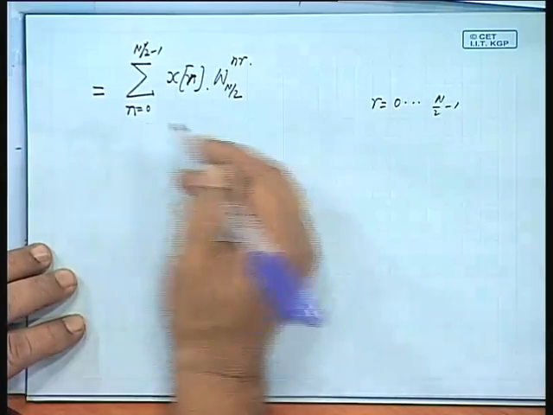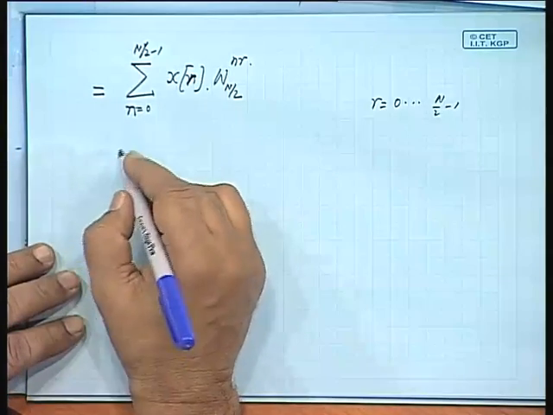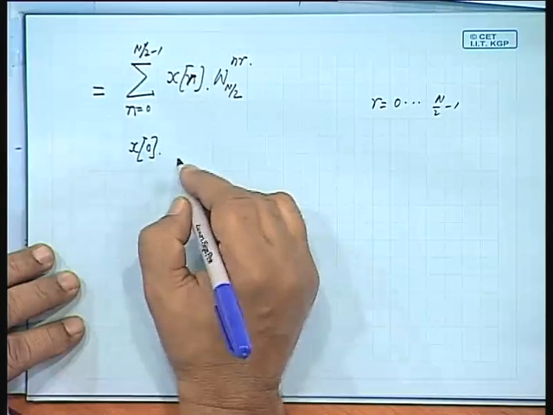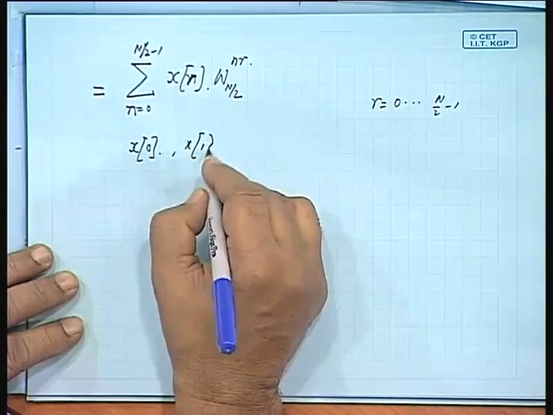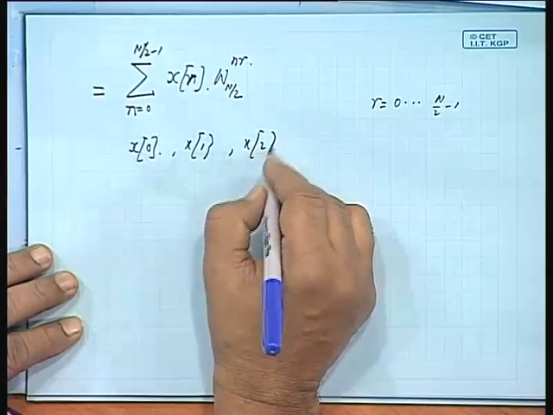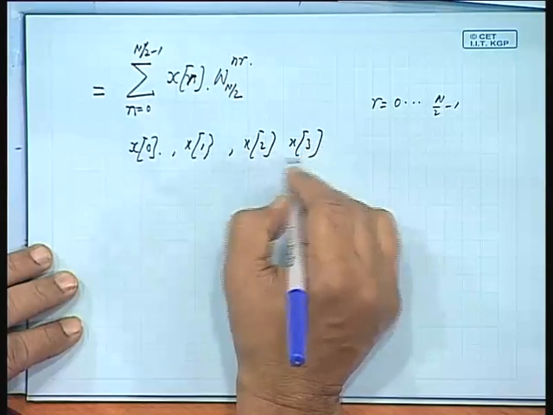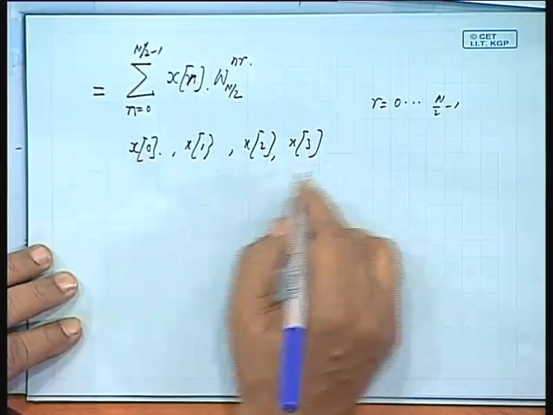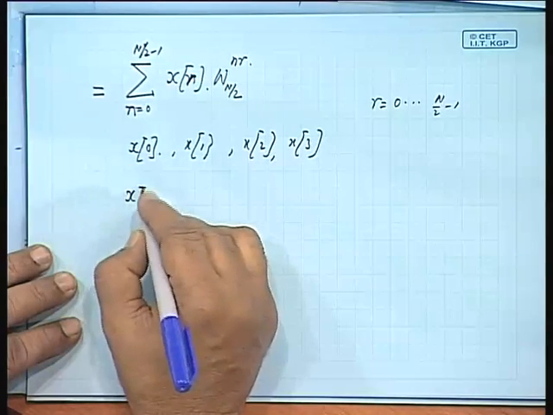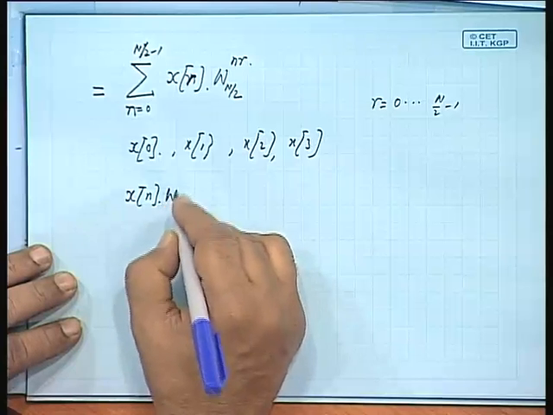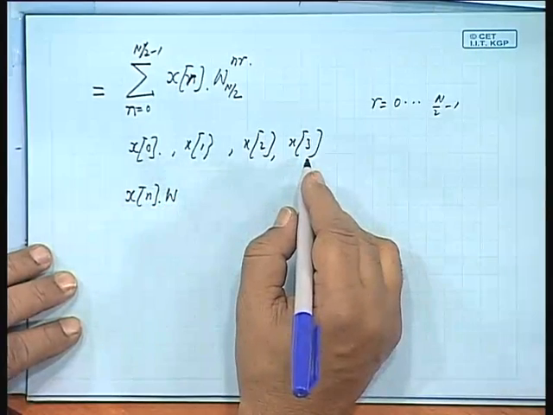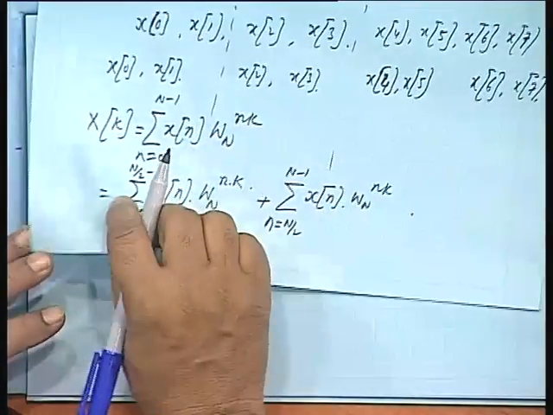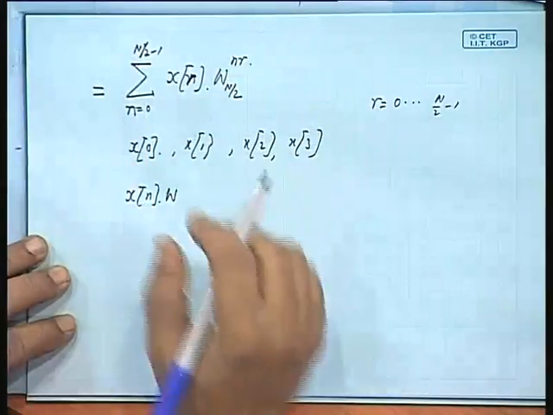Let me take a sequence, it will be easier. What I mean is x 0, x 1, x 2 and x 3 we take together. So, this will be a 4-point sequence, and this will be a 4-point sequence. So, it will be x n into W. How do you compute a 4-point sequence? Originally it is clubbed with an 8-point sequence, so out of that we are taking only the first 4 terms.